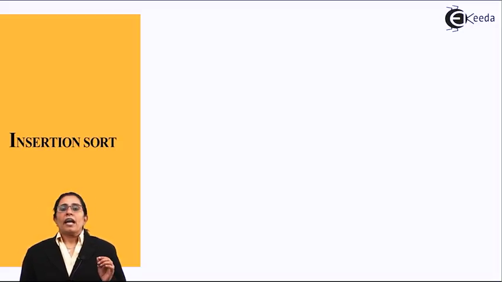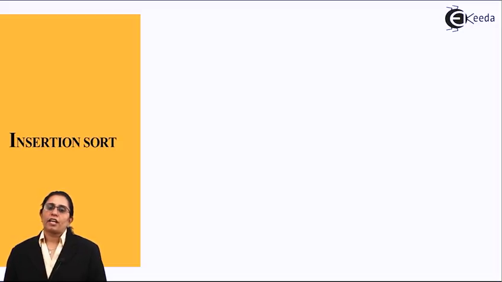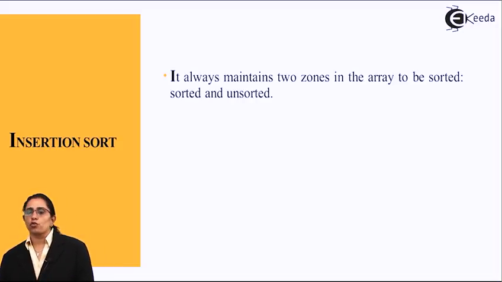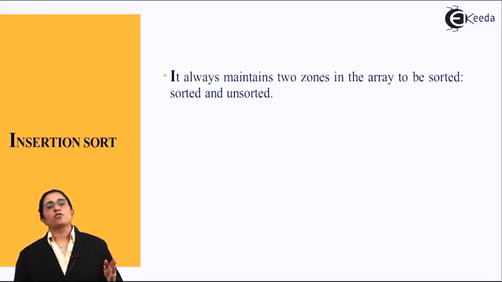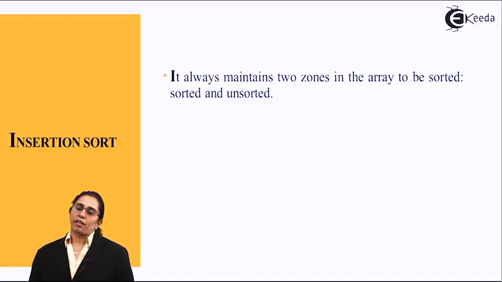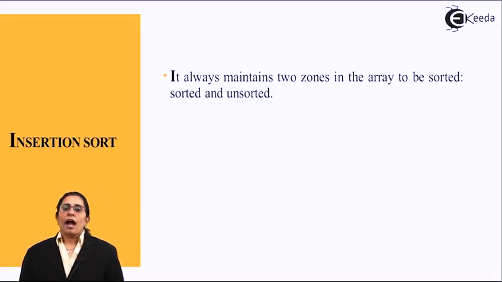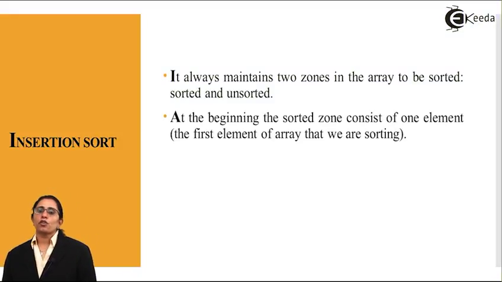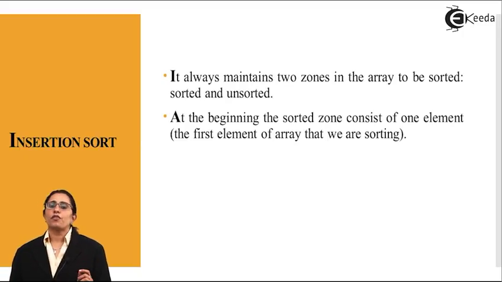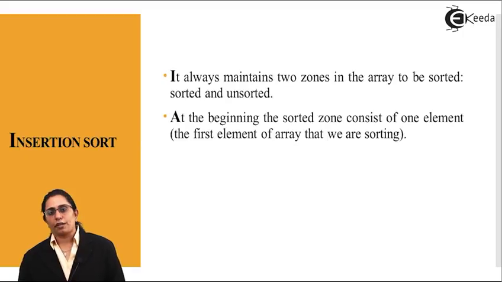In the insertion sort, it always maintains 2 zones in the array which has to be sorted. So it is distributed as a sorted and an unsorted array. At the beginning, the sorted zone consists of only one element, that is the first element that we are sorting.